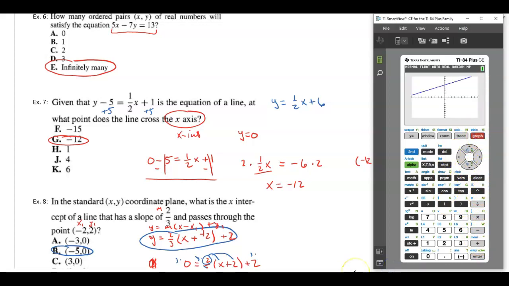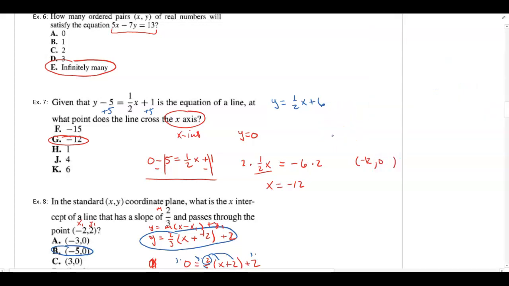But right away, when I look at that, you have two choices just by looking at the graph. You don't see it here, but you know the x-intercept's going to be way out here. And it looks like if this is -10, -12 would be the best approximation from the graph. So even if you forget, use the graphing calculator. Go ahead and try the practice questions and ask questions if needed.